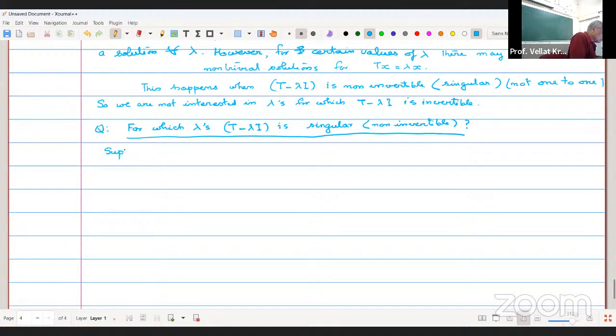Suppose it's an n by n matrix. Then the matrix representation of T minus lambda I is given by A minus lambda I, where I is the n by n identity matrix.